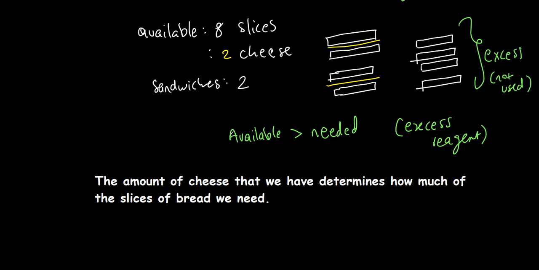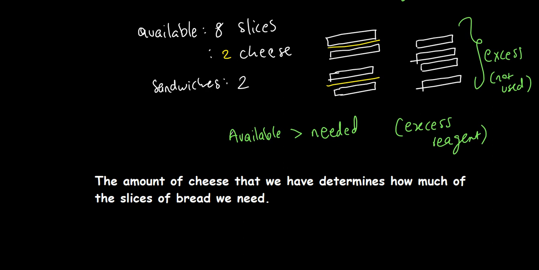of which the slices of bread are more, right? They are more, the amount of cheese is less. So, which tells us that the one that is in more quantity is the excess reagent, and the one that is in less quantity becomes your limiting reagent.